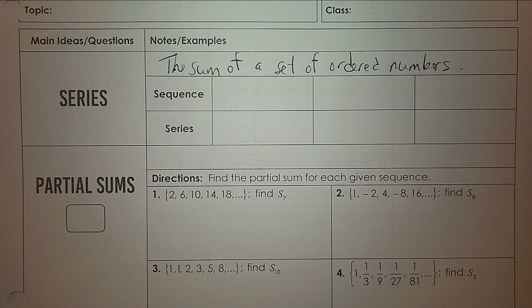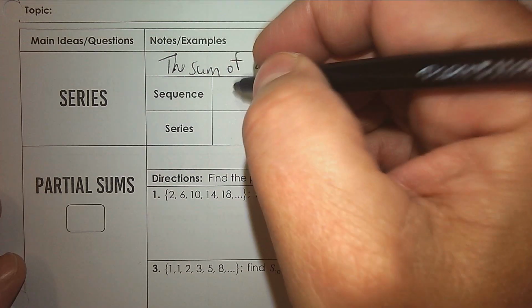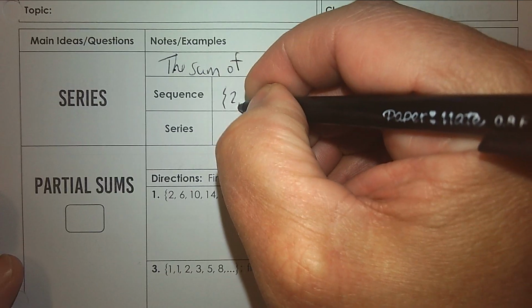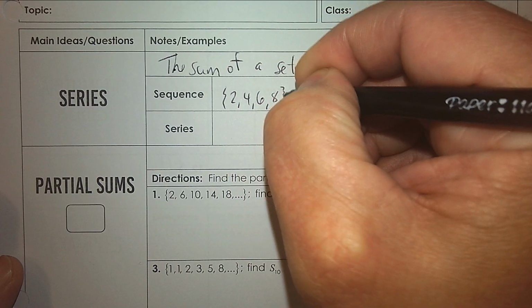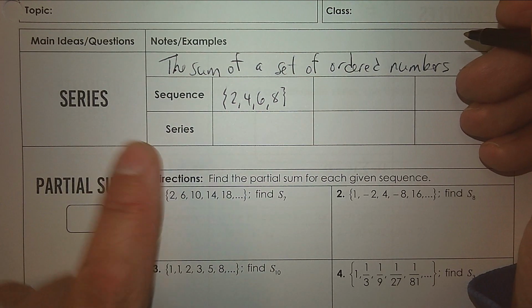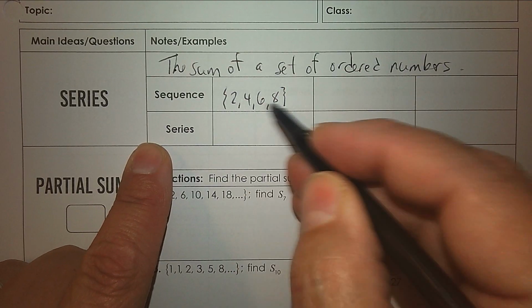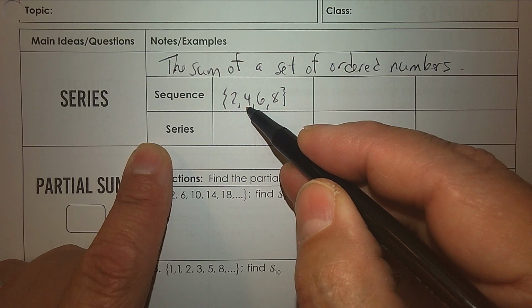It can't be infinite because you can't add something that way, or you could just say the answer would be infinity, I suppose. So if your sequence was 2, 4, 6, 8, the series then would be adding that sequence. So 2 plus 4 plus 6 plus 8.